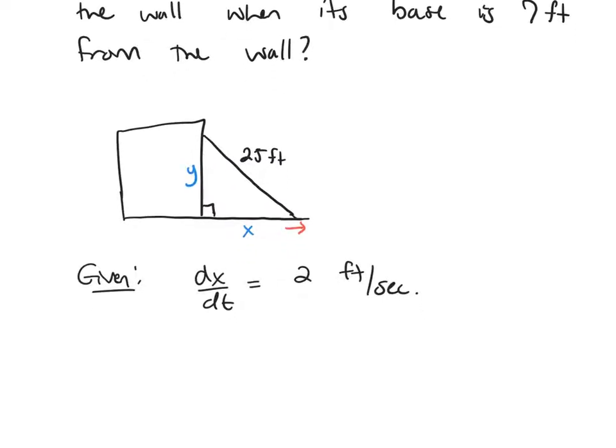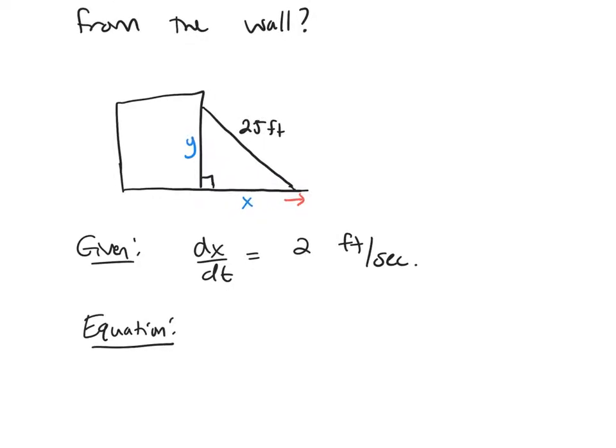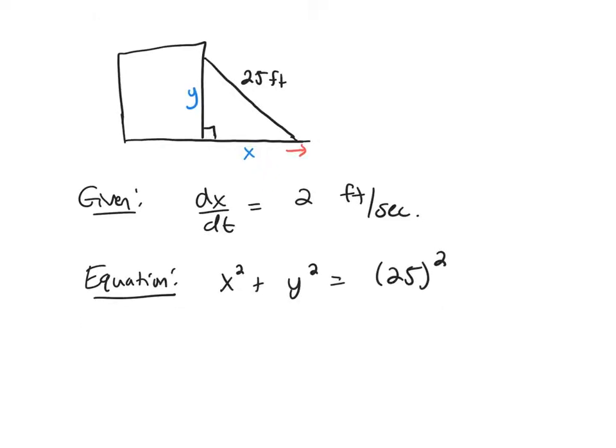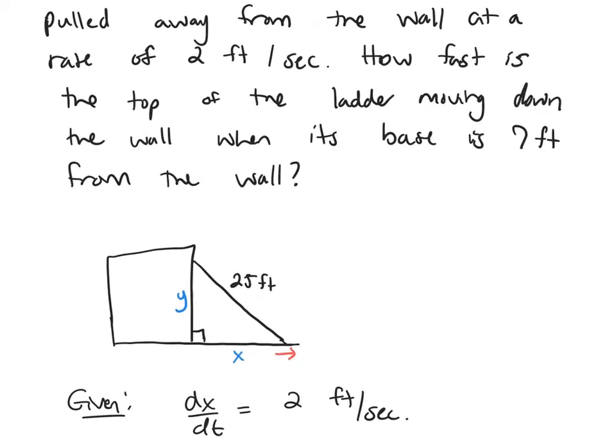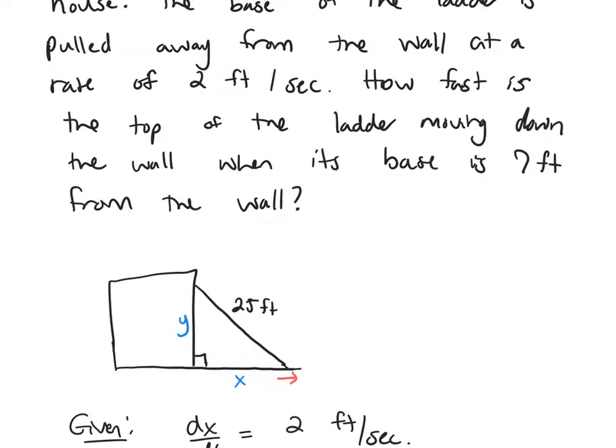And now I need my equation. So I have a right triangle here, so my equation will be x squared plus y squared equals 25 squared. And what am I asked to find? I'm asked to find how fast the top of the ladder is moving down the wall when the base is 7 feet from the wall.